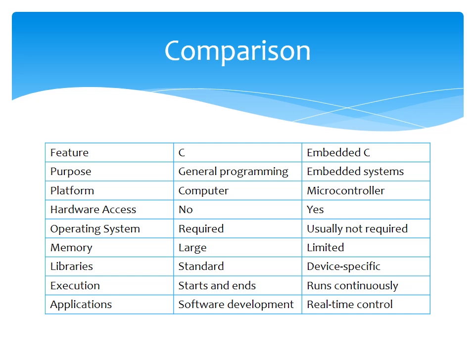The operating system is required in C, whereas in embedded C it's usually not required. The memory requirement is large in C, whereas in embedded C it's limited. Libraries are standard here, and device specific there. Execution starts and ends here, but there it runs continuously. In case of application, it's software dependent here, and real time control there.